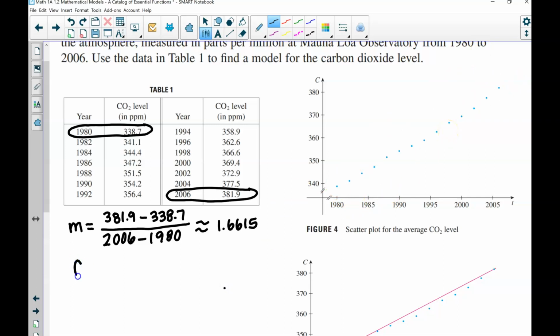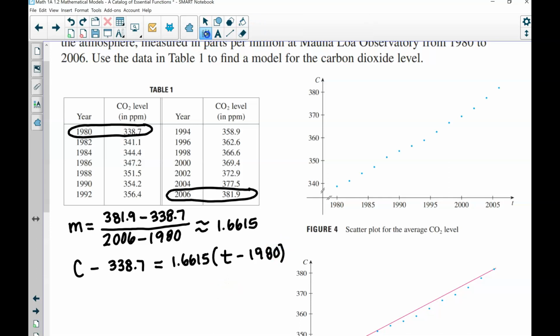So we would use our point-slope form, where C minus 338.7 is equal to the slope, which is 1.6615, times the value of t minus 1980.